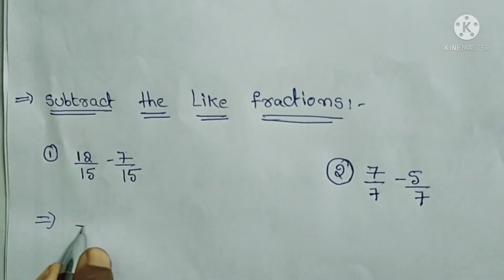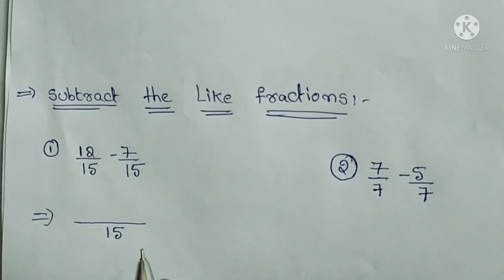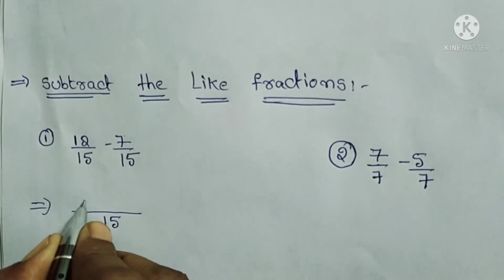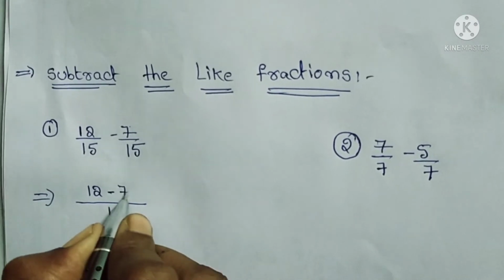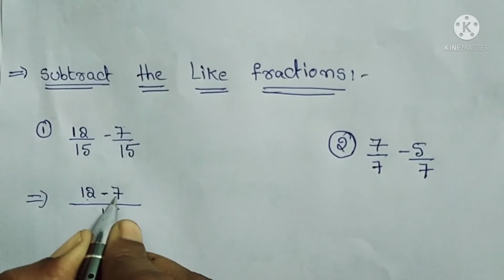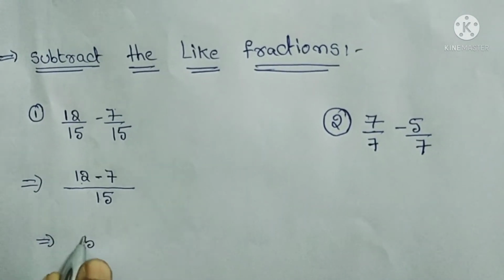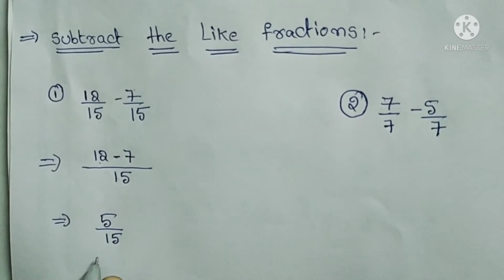So the denominator is 15, and to subtract the numerators, 12 minus 7. 12 minus 7 is 5 by 15.